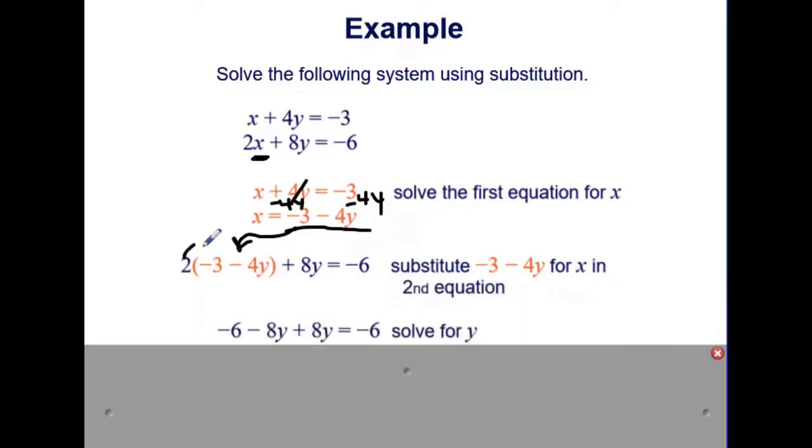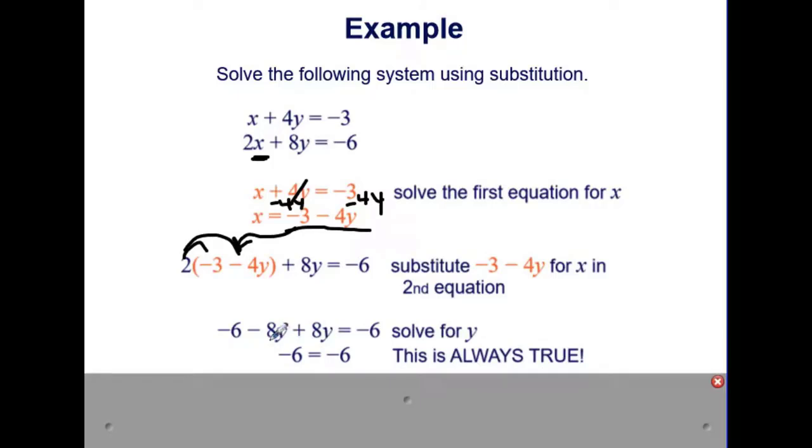We'll distribute to get negative 6 minus 8y plus 8y equals negative 6. And negative 8y plus 8y simplifies to 0, canceling out, leaving us with negative 6 equals negative 6. This is always true. Negative 6 does equal negative 6.